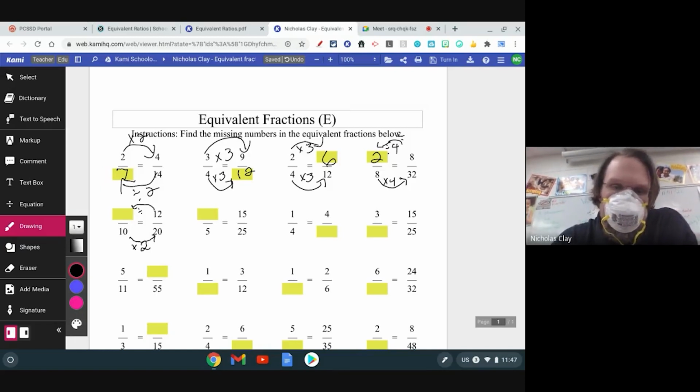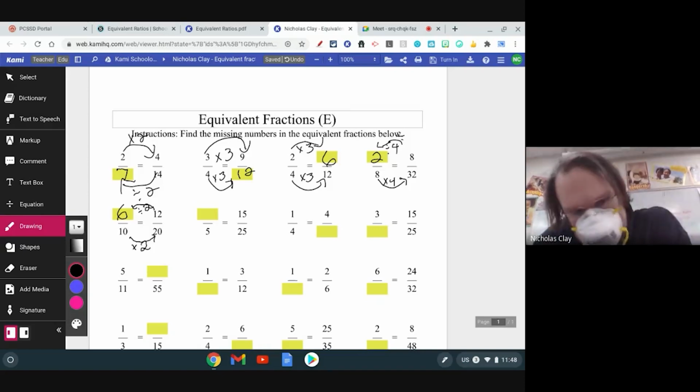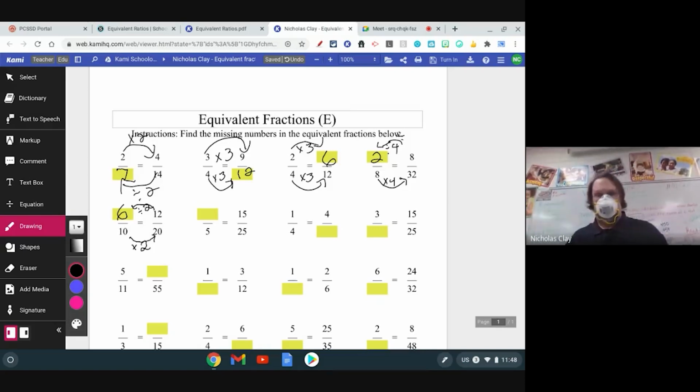I'm going from right to left, so I'm going to multiply or divide? Divide by 2. So 12 divided by 2 is 6. So 6/10 is equivalent to 12/20. All righty, any questions?